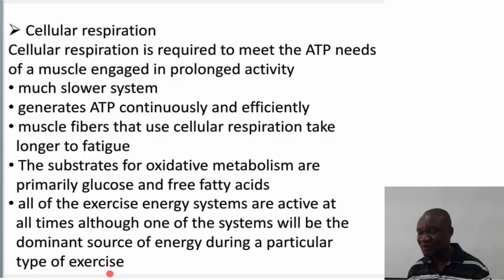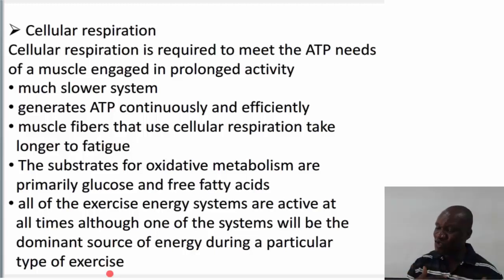Right. Now, the substrates for these processes are fatty acids and glucose. Now, this will suffice for our purpose. If it were biochemistry, we'd have to go through the process, but for physiology, this will be enough.